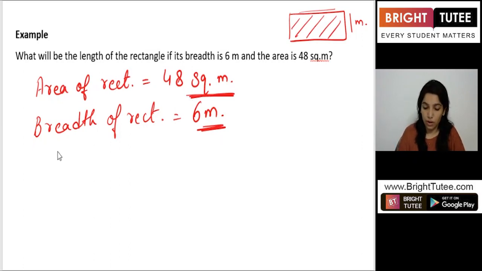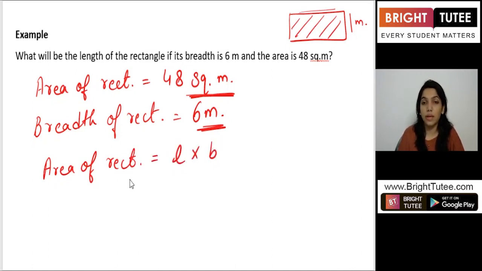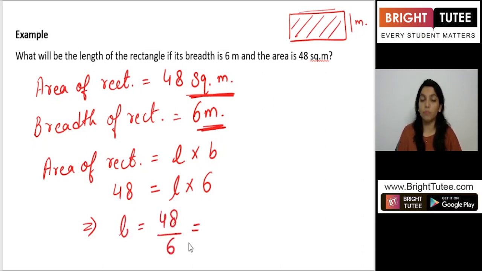Okay. Now, how can we find the length? Let us see. We know the formula of area: area of rectangle is equal to length times the breadth, right? Do we know the area? Yes, it is 48. Do we know the length? No. Let us write L here. Do we know the breadth? Yes, it is 6. So let us write 6. Let us solve this. So this implies length is equal to 48 divided by 6. Why have I written 48 divided by 6? It is because the 48 is on the left hand side and 6 is on the right hand side.